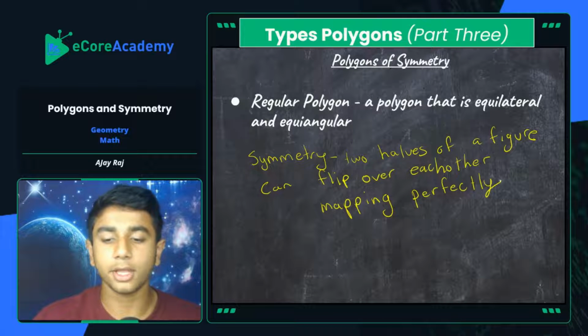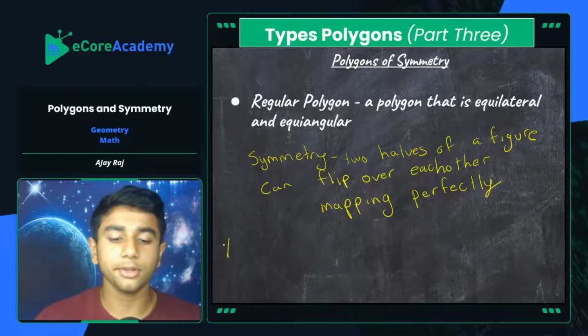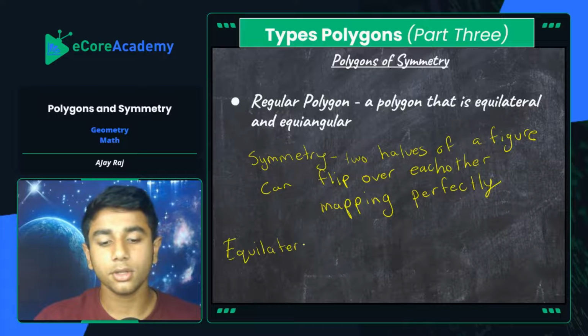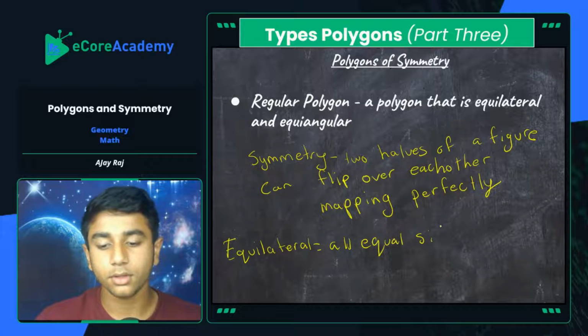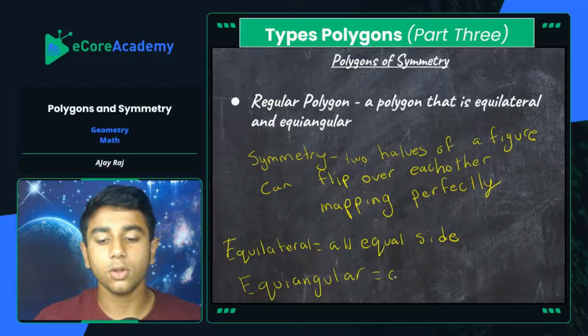So that's what regular polygons are. A regular polygon is equilateral and equiangular. Equilateral means all equal sides, and equiangular means all equal angles.